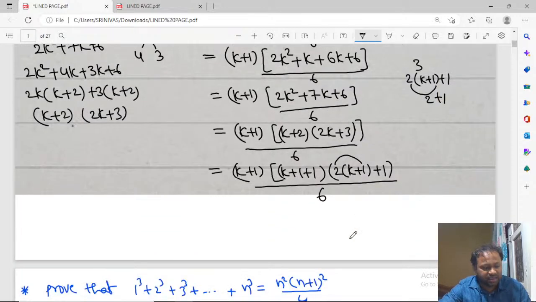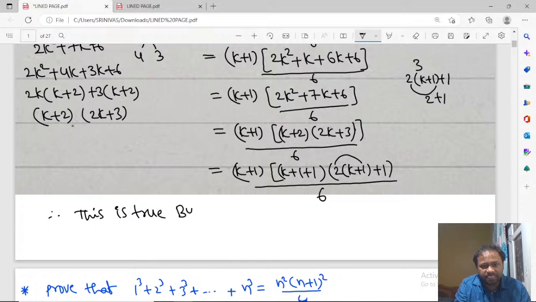So that's why the given statement is true for all n belongs to capital N. Okay, so this is true by mathematical induction.